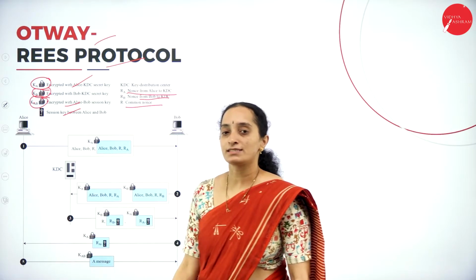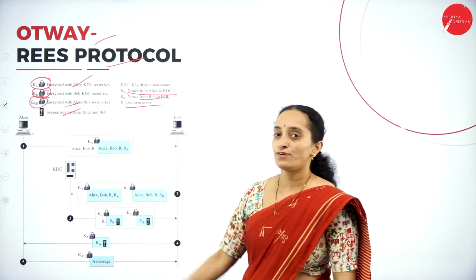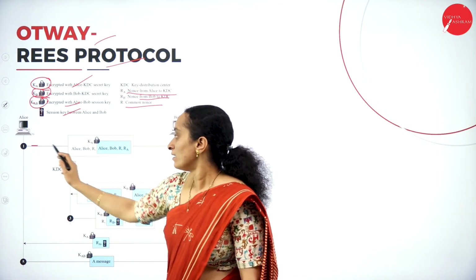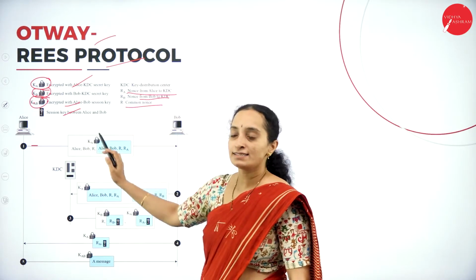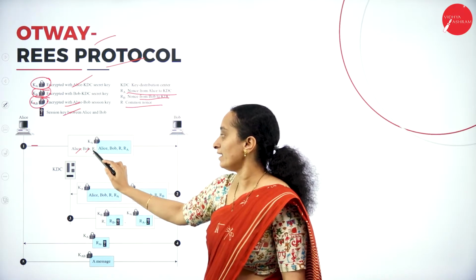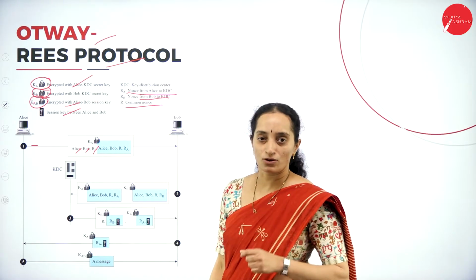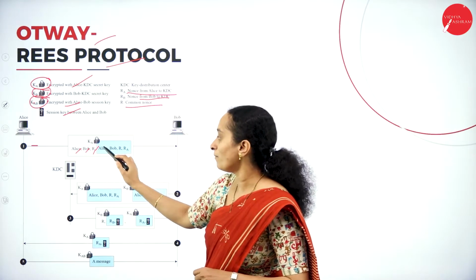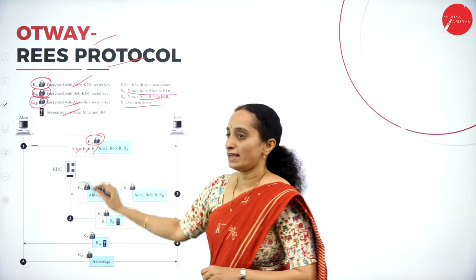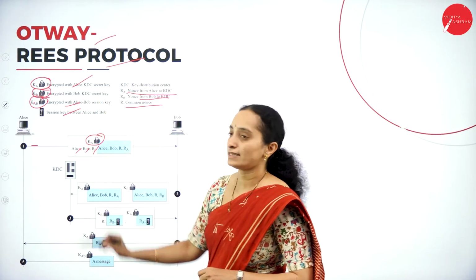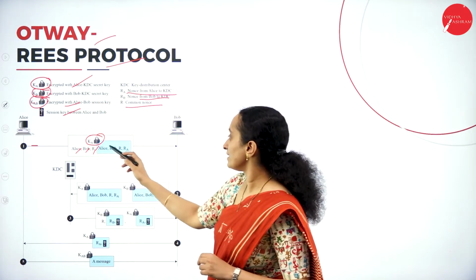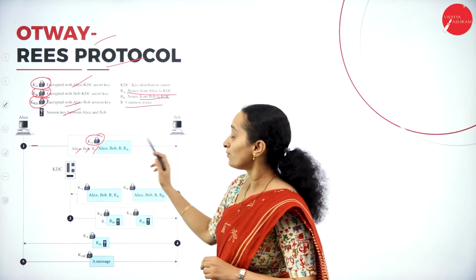Then the first step in this Otway-Rees protocol is Alice sends the identity along with a common nonce between Alice and Bob, with an encrypted secret key between Alice and KDC, to Bob.